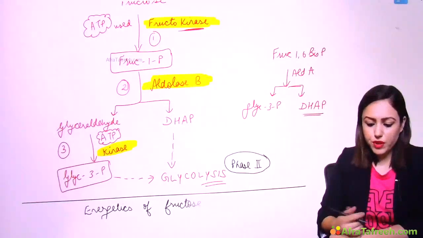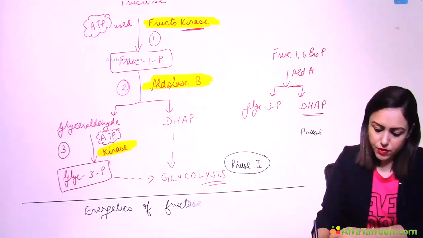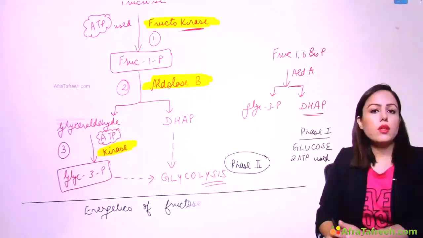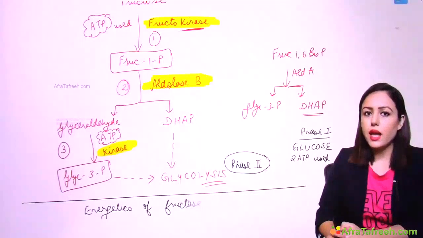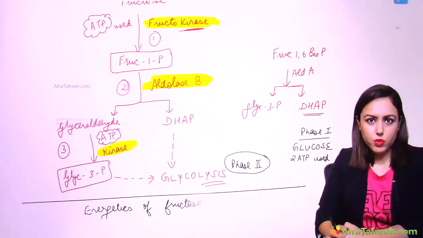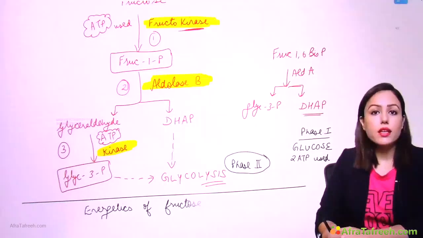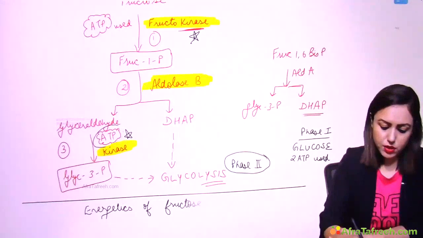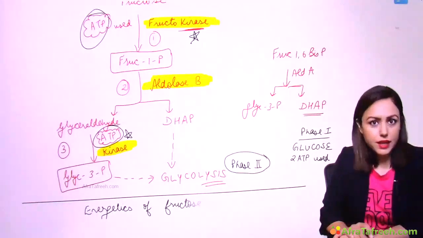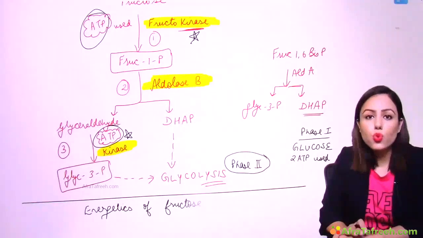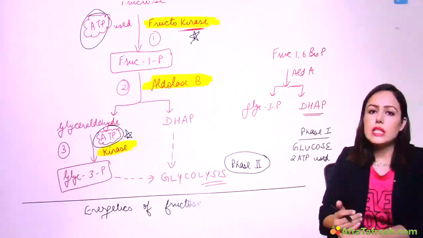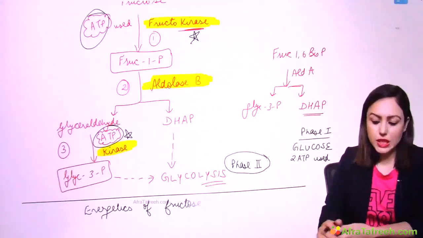In case of glucose metabolism, there are 2 ATPs used in phase 1. The 2 steps are hexokinase and phosphofructokinase 1. Okay, 2 ATPs are used. And in case of fructose metabolism also 2 ATPs are used. You can see this ATP and this ATP at both the kinase enzyme steps. Okay, so phase 1 energetics is also same for glucose and fructose. So we can say that energetics of glucose and fructose is same.